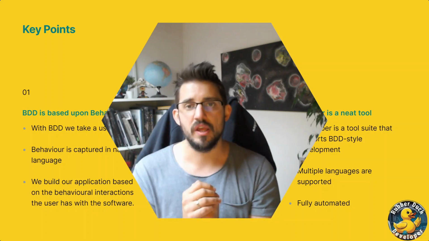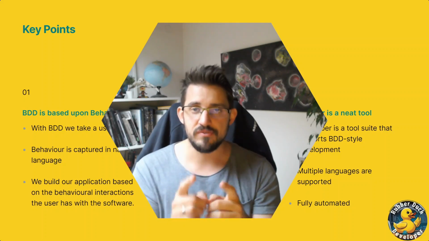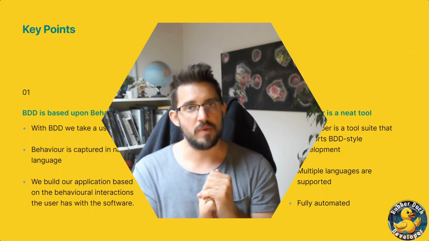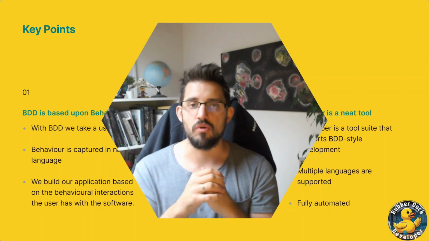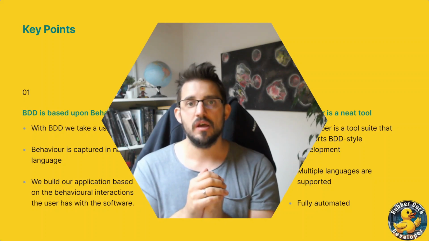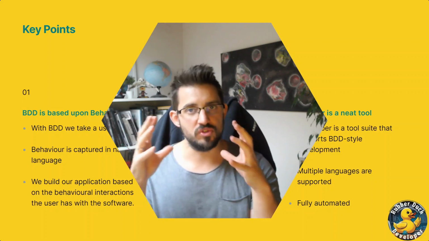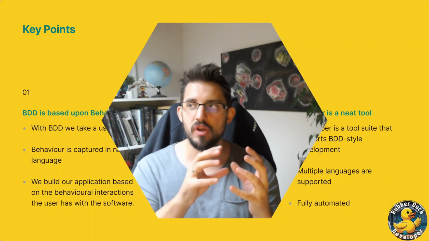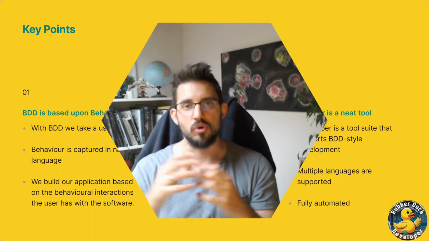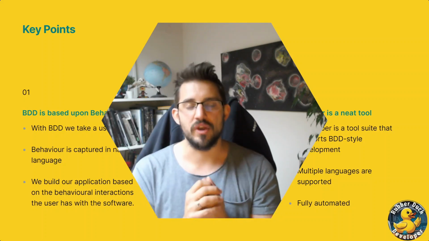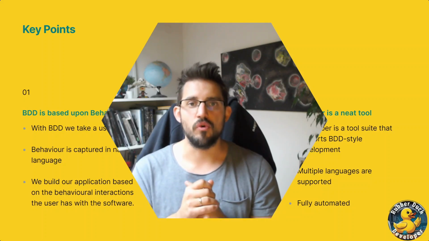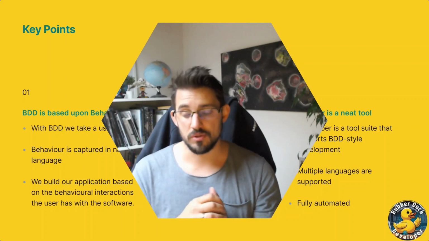And in the next video, I'm going to talk a bit about what happens behind the scenes of Cucumber and of the test execution, so you get a bit more understanding of what's behind the black box and why that creates a bit of a different scenario for writing good test code.